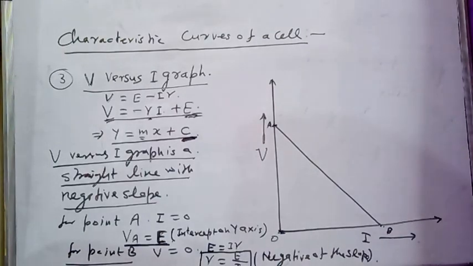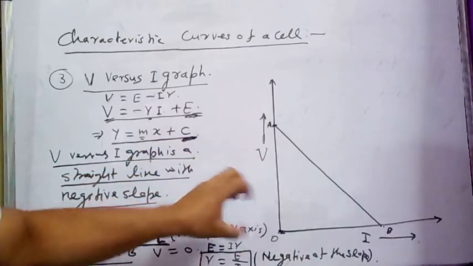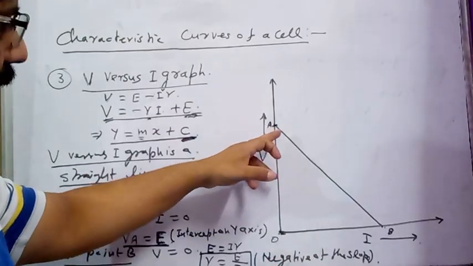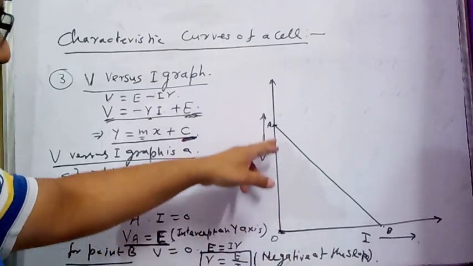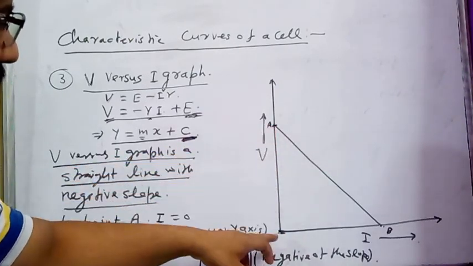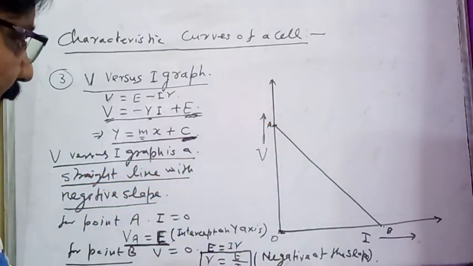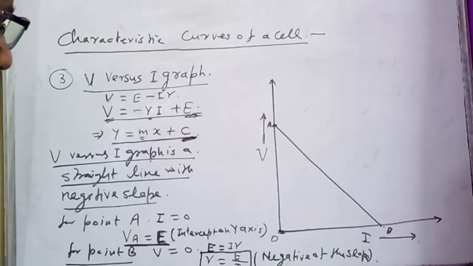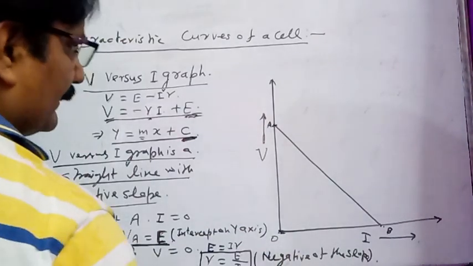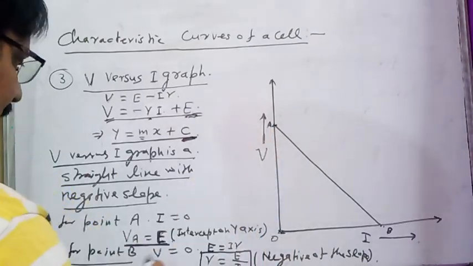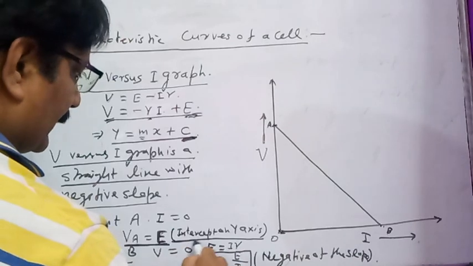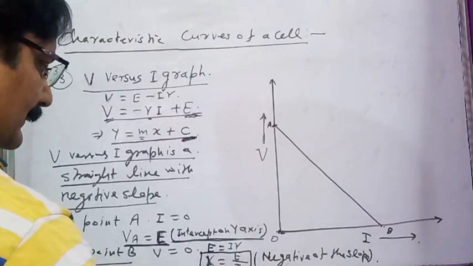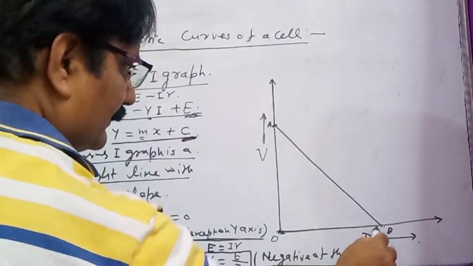So students, if the V versus I graph for a cell is given, from that graph we can calculate the value of the EMF of the cell and the internal resistance of the cell. The EMF of the cell is the cell terminal potential corresponding to point A, and the internal resistance is the EMF divided by the current corresponding to point B. So the EMF of the cell is the intercept of the straight line graph on the y-axis, and the internal resistance of the cell is going to be the negative of the slope.